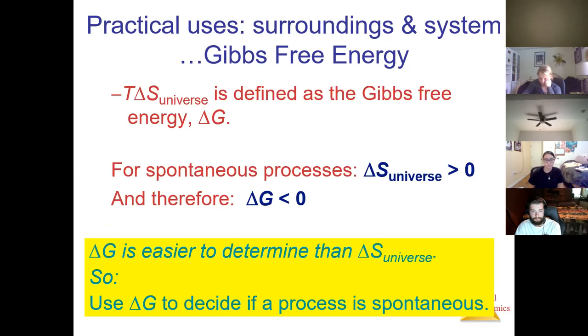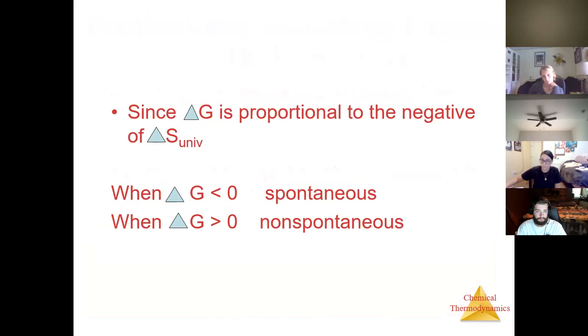You can't determine the entropy of the universe. Can't be done, but you can determine delta G. So we're going to use delta G to determine if a process is spontaneous or not. When delta G is negative, spontaneous.